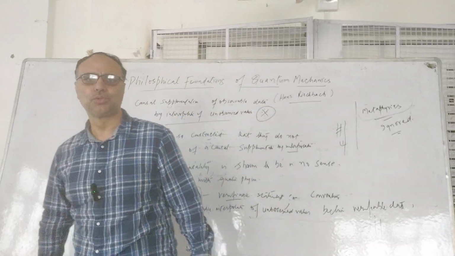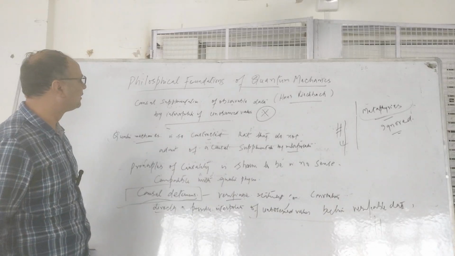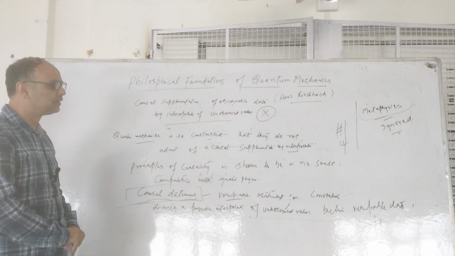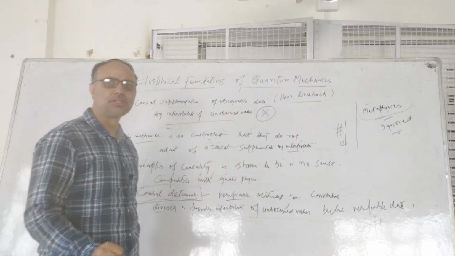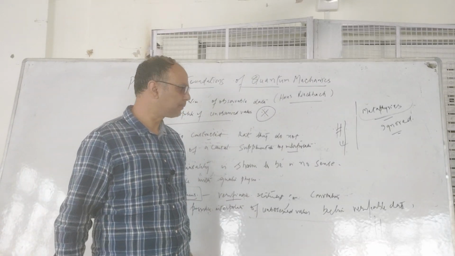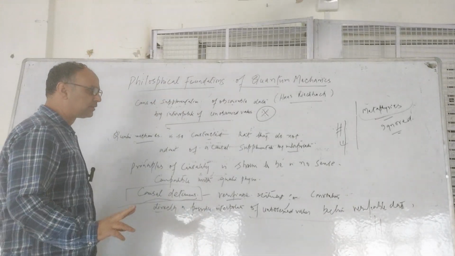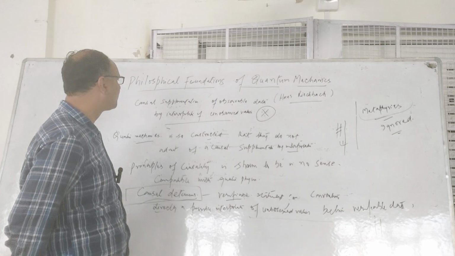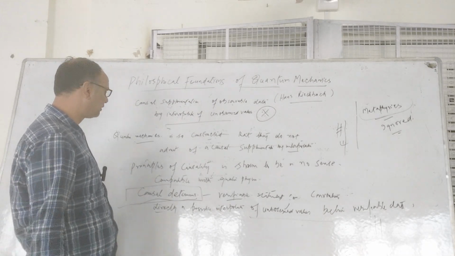So we're going to just continue. At the end part of the last class, we were basically seeing the limitations of a cross section, how causal supplementation of observable data is possible by interpolation of unobserved values.